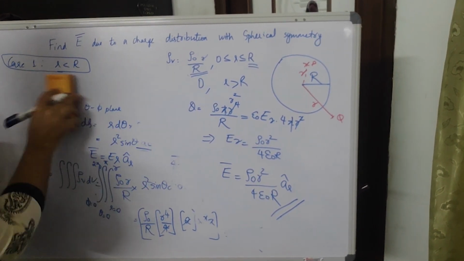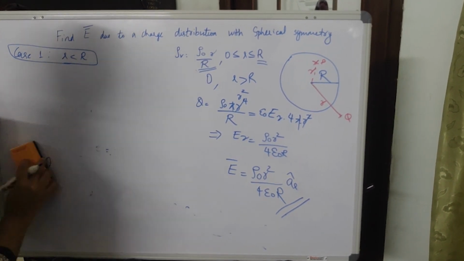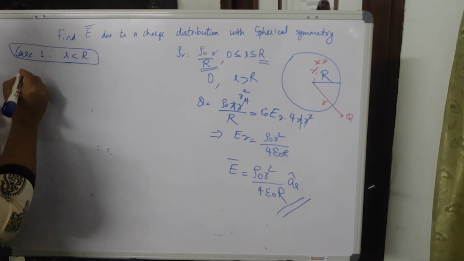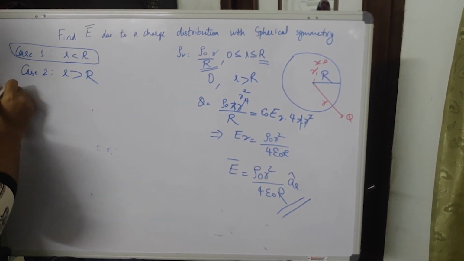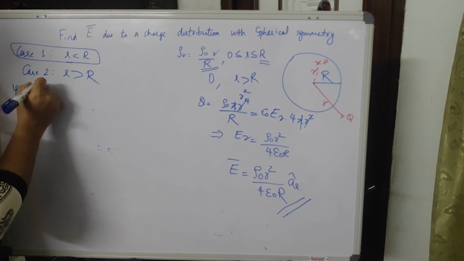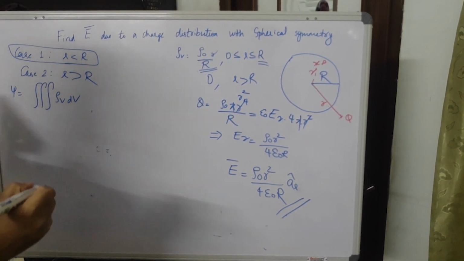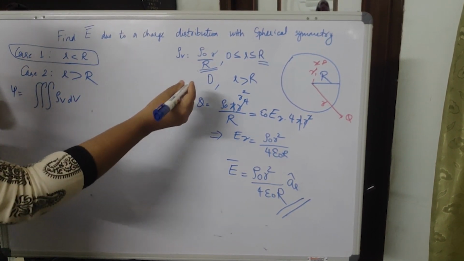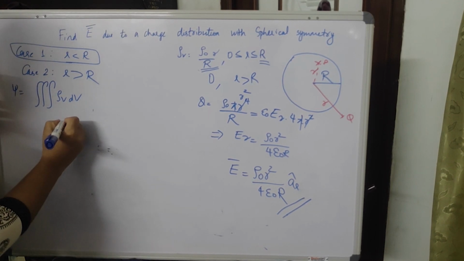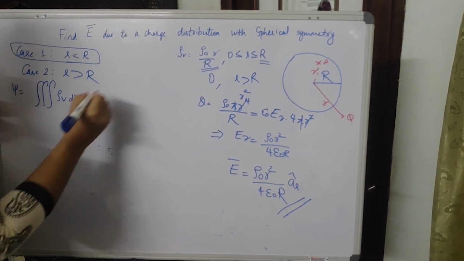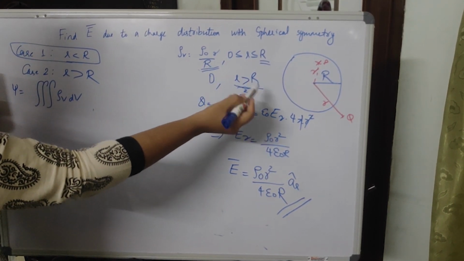So for case 2 again you have to do the same way. Case 2, when r is greater than R, same thing, psi is equal to the volume integral of rho v dv. Here you have to take only till capital R because after R there is no charge.